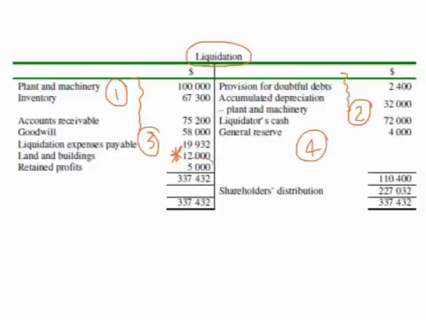Lastly, we then transfer any reserves to the liquidation account. Reserves with a credit balance are going to increase any surplus that is transferred to the shareholders, or if there's a deficit, as in this case, it's going to reduce the deficit borne by the shareholders.